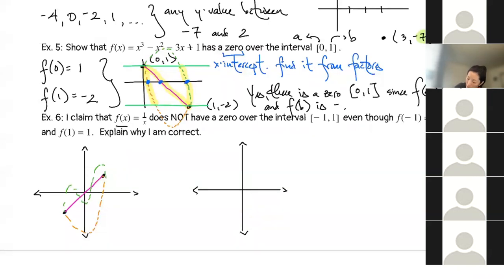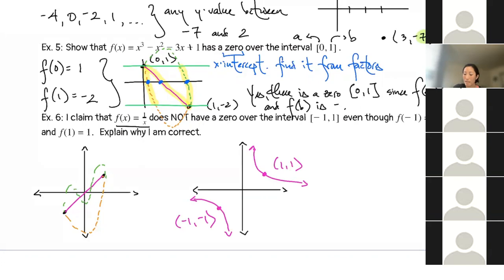And if I look at 1 over x, that function actually looks like this, where this point is 1, 1, and this point is -1, -1.